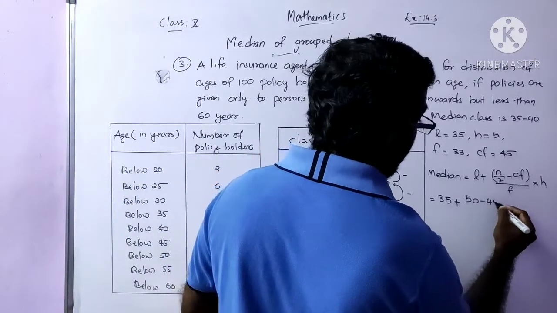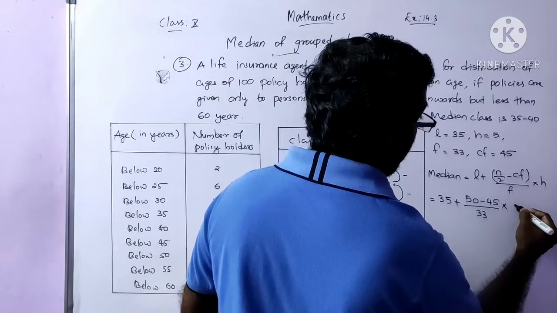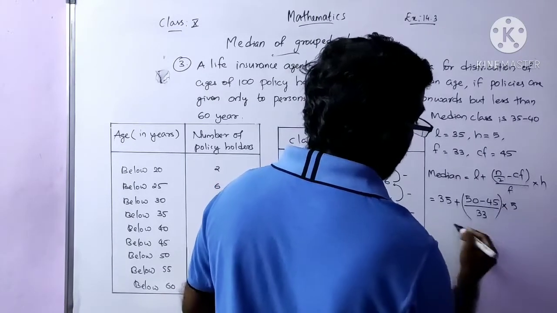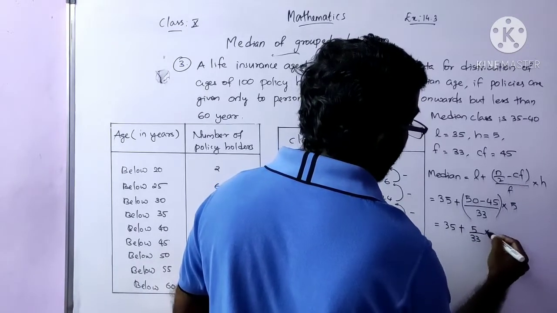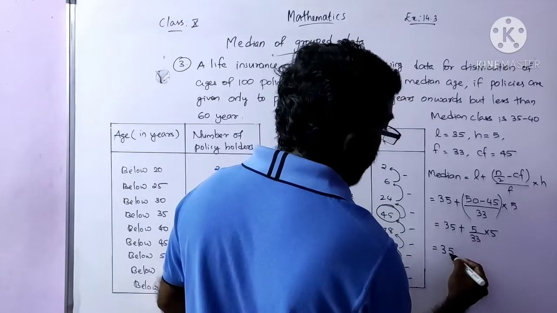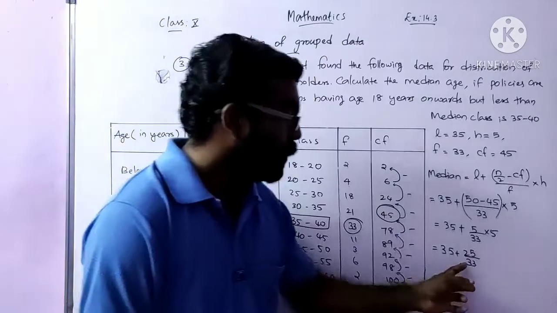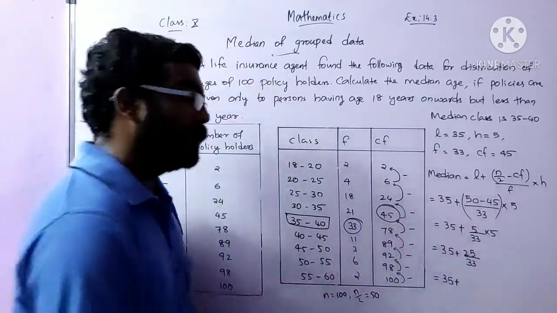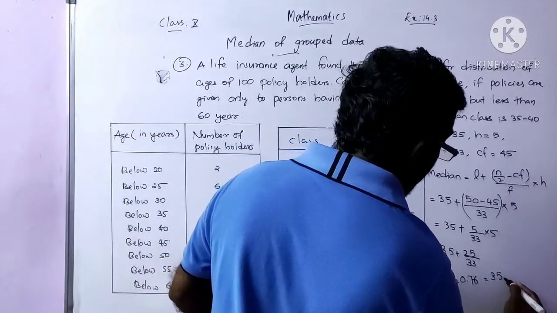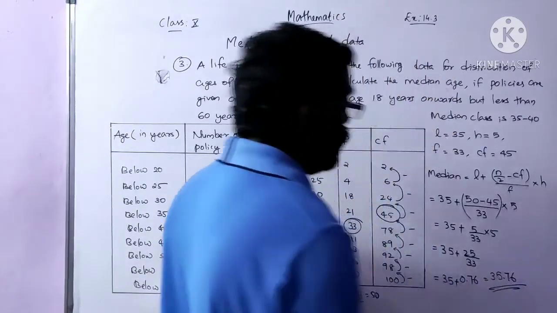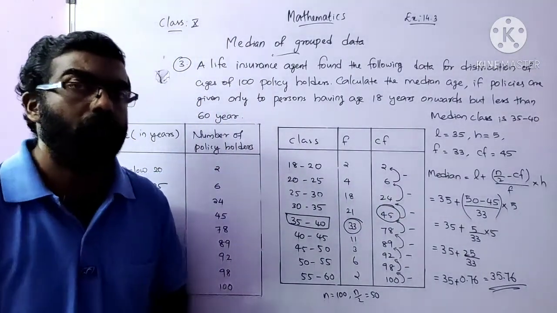So 50 minus 45 divided by f, 33, into h, 5. That is 35 plus 25 divided by 33. That is 35 plus 25 by 33 is 0.76. Okay, 0.76. So we get 35.76. So the median age is equal to 35.76 years.